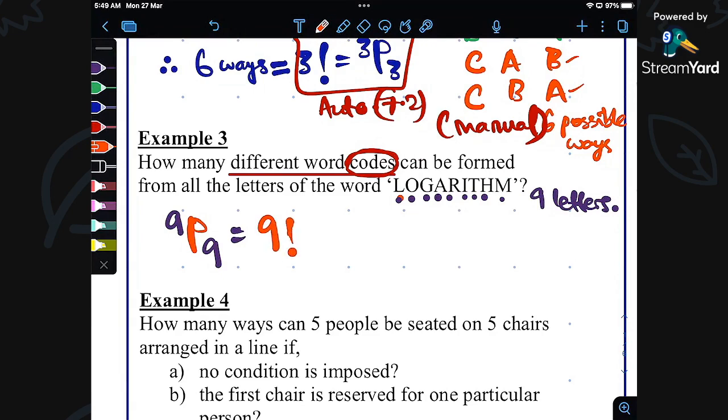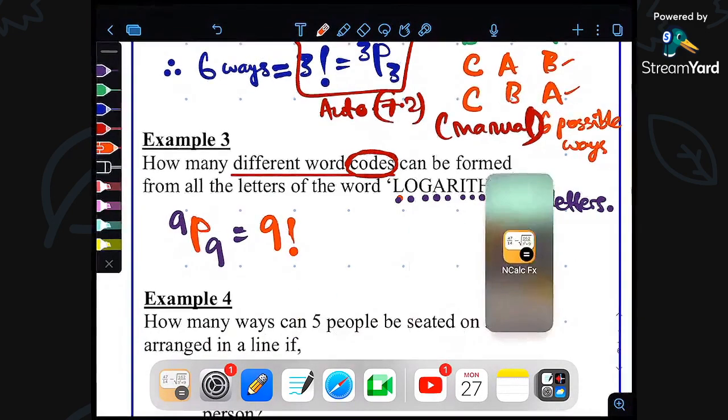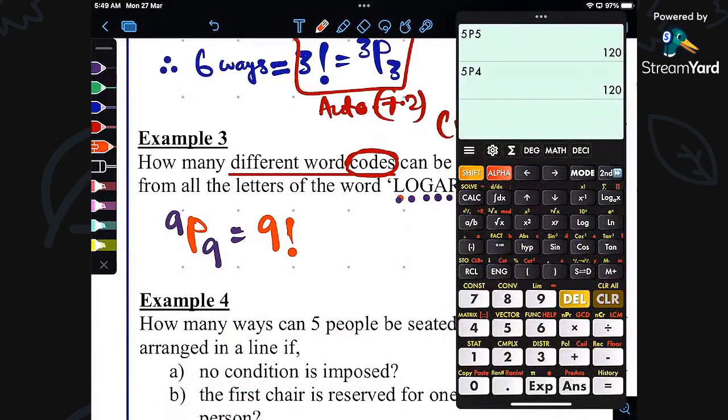So if you use your calculator, 9P9 is equal to 362,880 ways.